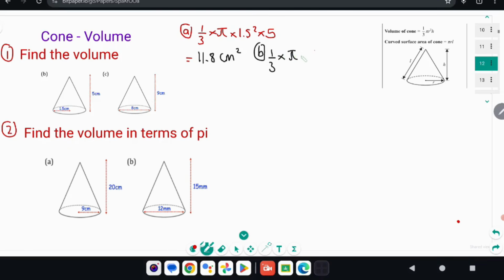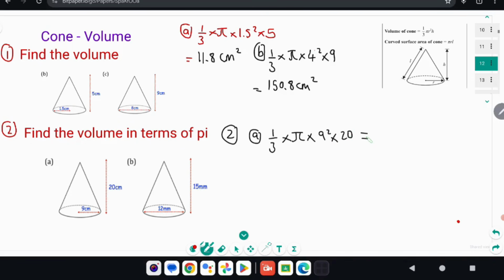Part B, 1/3 times pi times, we've got the diameter here, we need the radius, 150.8 centimetres cubed. 2a, to find in terms of pi, you work out the rest, ignoring the pi, and then pop the pi at the end.